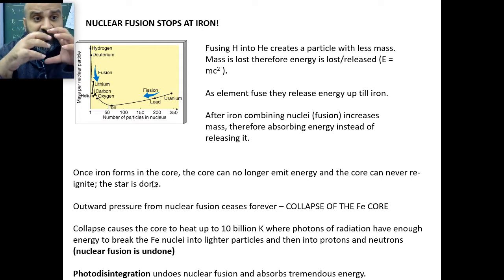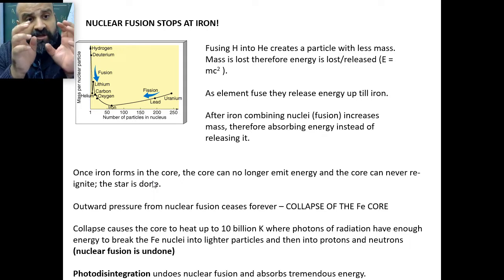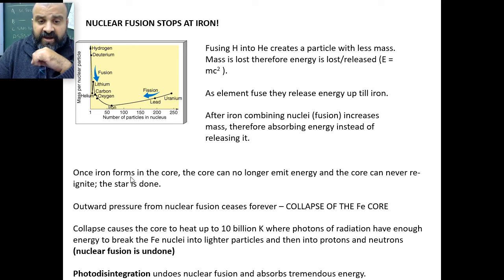So there's no longer fusion happening here. If there's no fusion, there's no energy pushing outwards. So the iron core will start to collapse. Outward pressure from nuclear fusion stops.